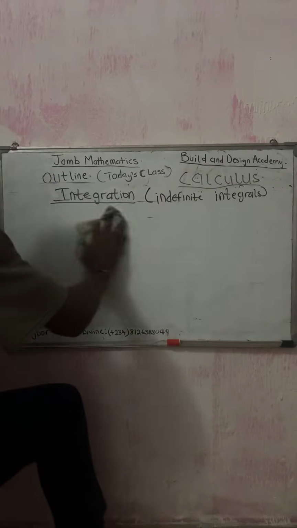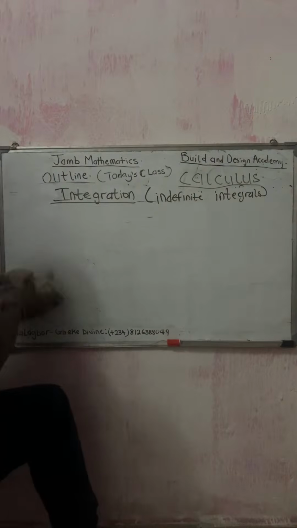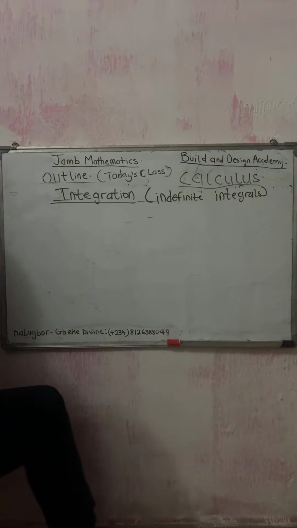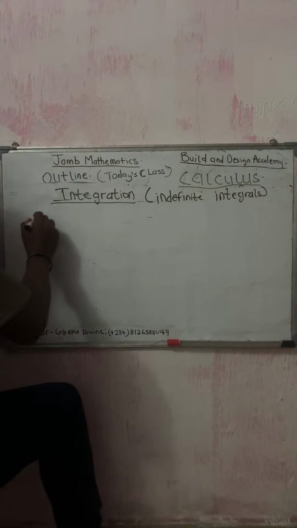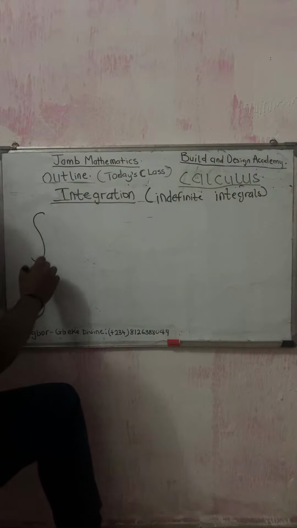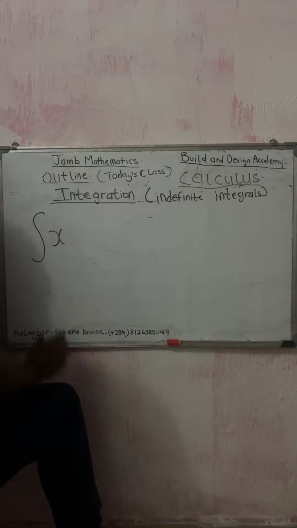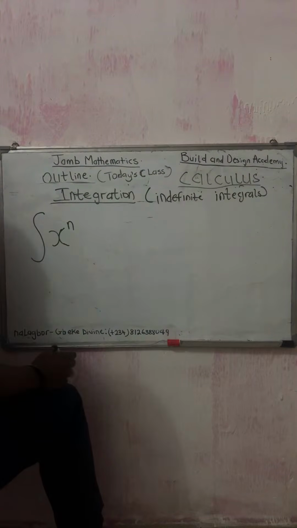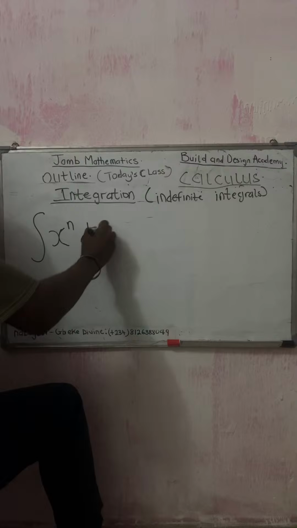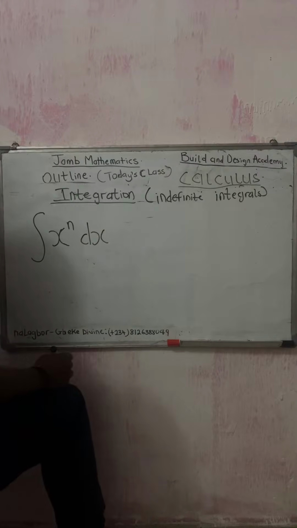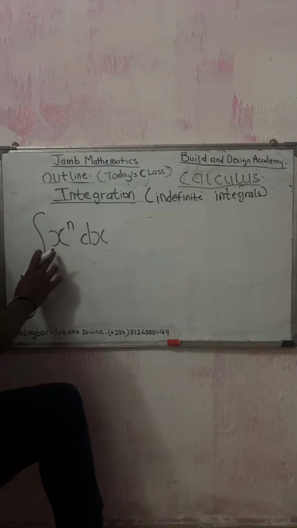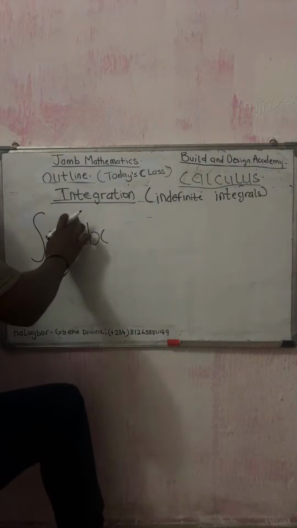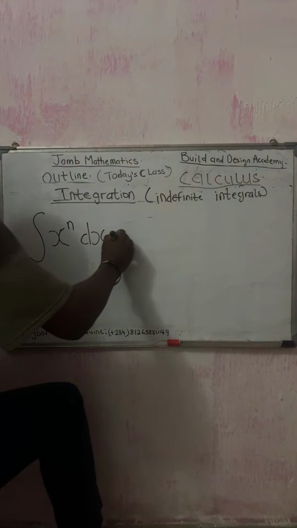Integration is also very simple. After I give you the formula, we'll look at one more example and call it a day. So the formula is the integral of x raised to the power n dx.